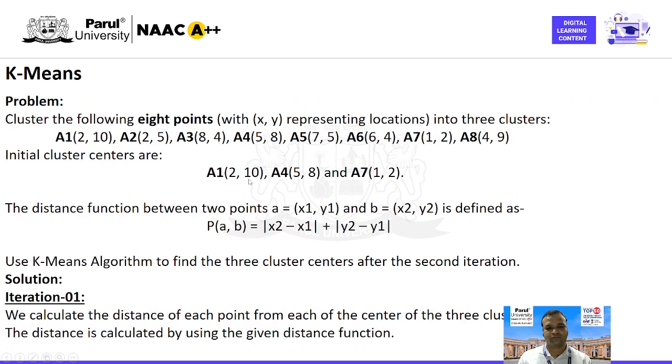We are taking all these 3 points from your given data as the centers of the clusters. So we can assume center number 1 C1, center number 2 C2, and center number 3 C3. Got it?